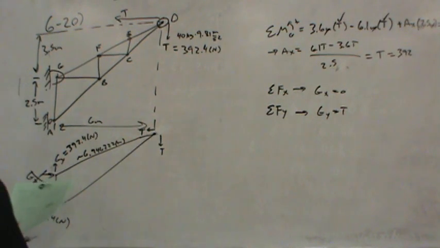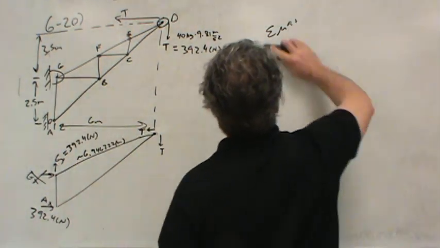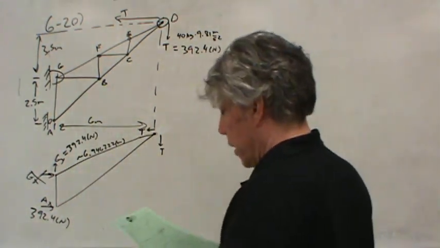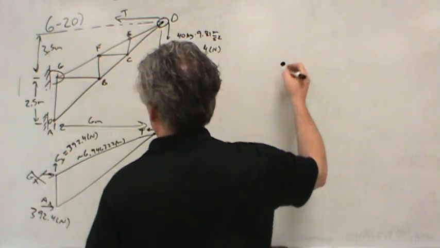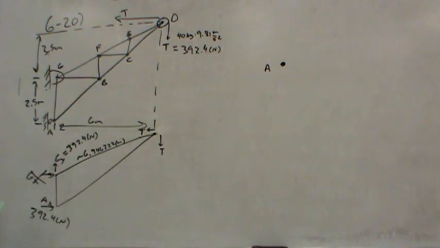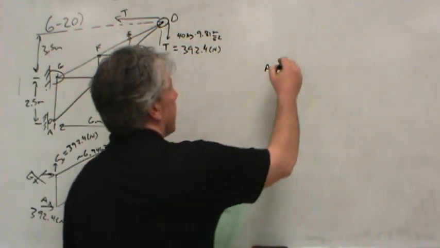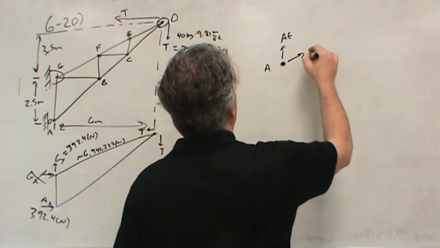All right, so now that we've got all of the reactions, we're supposed to calculate the load in all the members. So let's look at point A to start. Point A will have, I'll assume, tensile loads AG and AB.